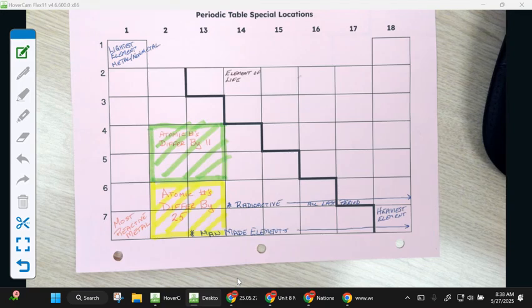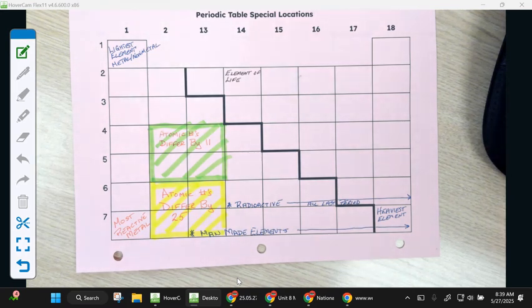Where is the most reactive non-metal? No. No, think about that. Why can't it be helium? I agree with you, Alicio. Lower left should be the most reactive metal. Upper right should be the most reactive non-metal. What's wrong with helium? It's a noble gas.